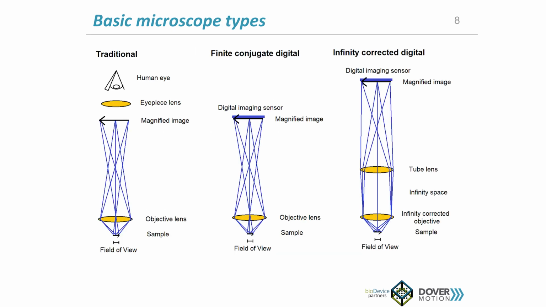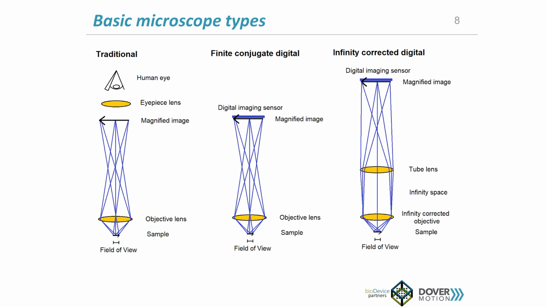What you have in this image are the 3 basic types of microscopes, where in the earliest form of microscopes, you had an objective lens which formed an image that was then reformed onto the eye by an eyepiece. In the middle image, you see the most primitive form of a digital imaging system where you have an objective lens that forms an image directly on the digital imaging sensor.